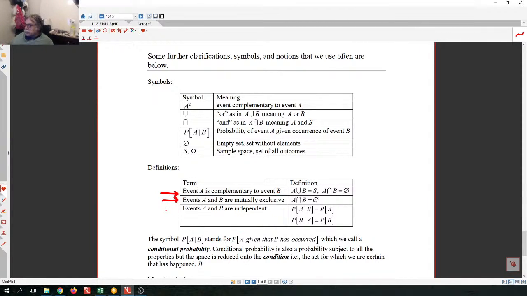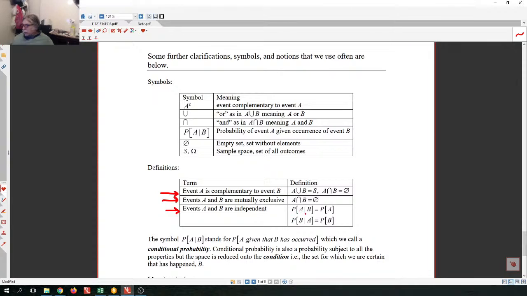And then we said events are independent when knowing that one has occurred has no impact on the probability of the other one. The probability of the other one is the same. I'll give you one more example, but this is the notation we use for conditional probability. This means the probability of A given that B has occurred. This is the probability of B given that A has happened.